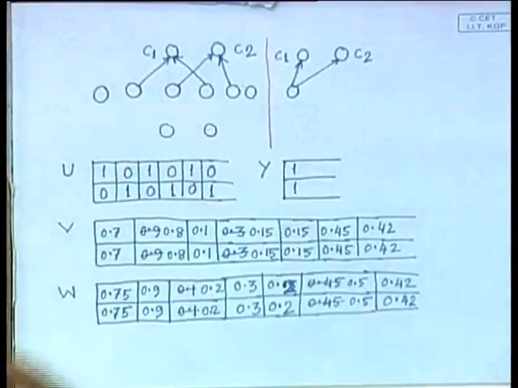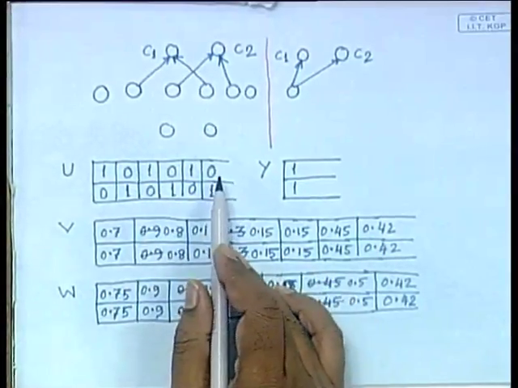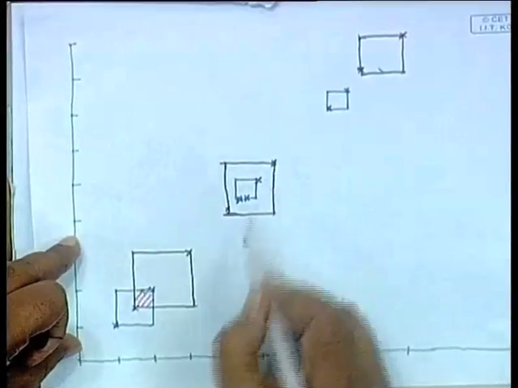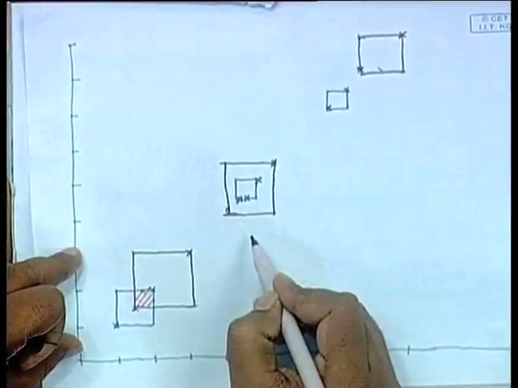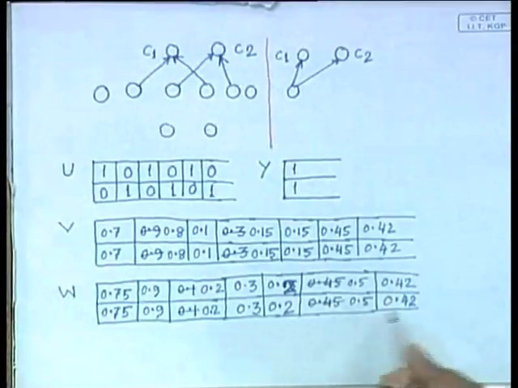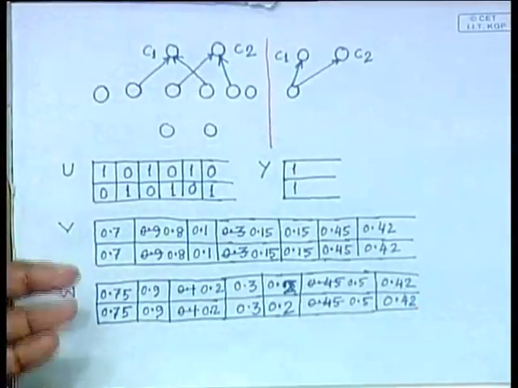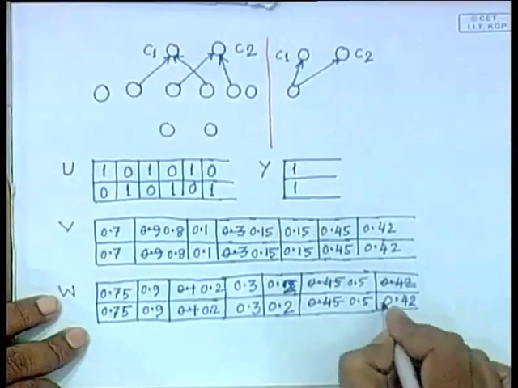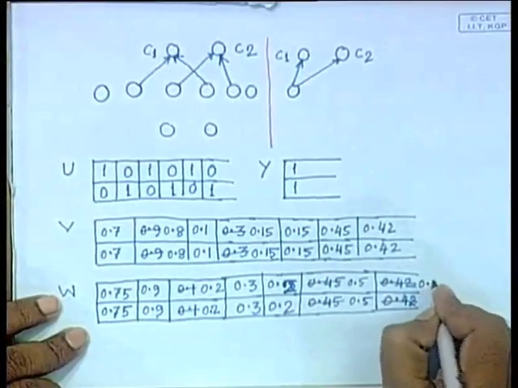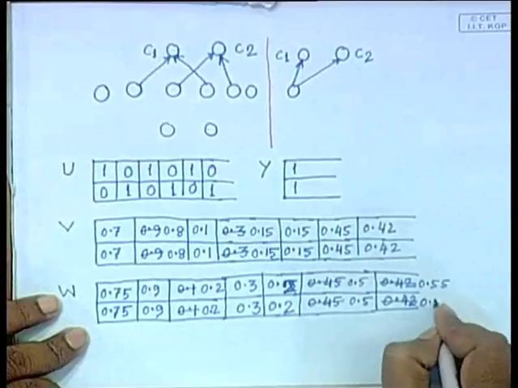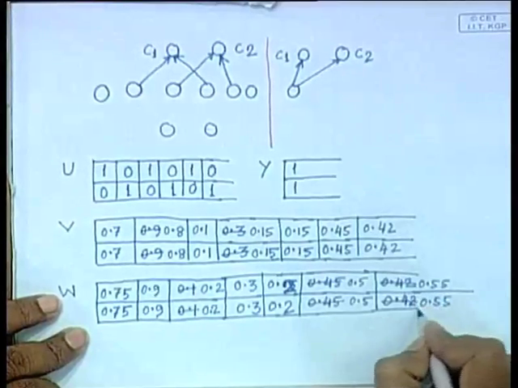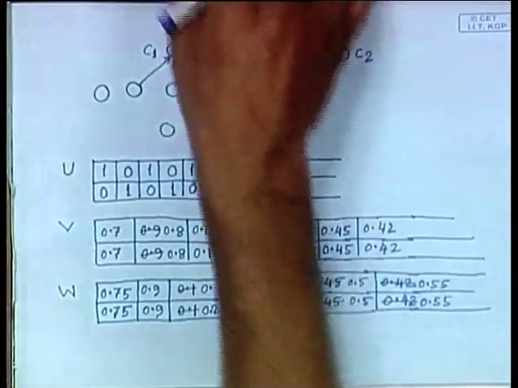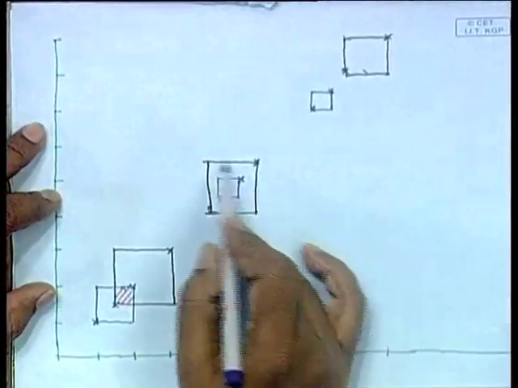So, the classification section neurons remain the same, the U matrix also remains the same, but the change I have to make is in the max point of this new neuron that has been added. Okay. So, when I change this max point, instead of 0.42, 0.42, it becomes 0.55, 0.55. But while doing so, you find that I have a containment.